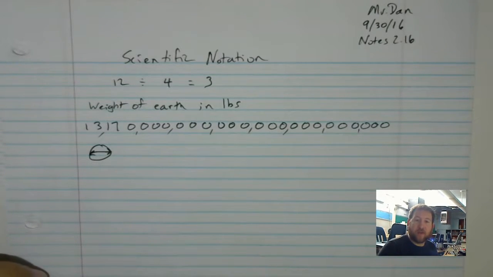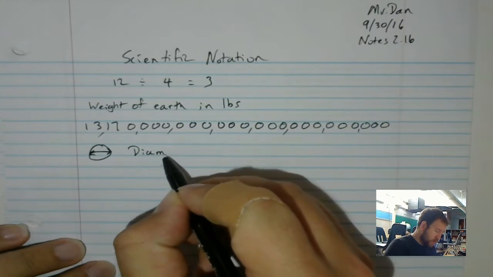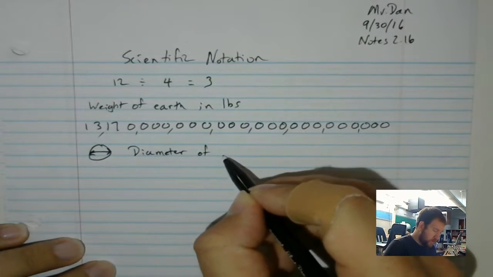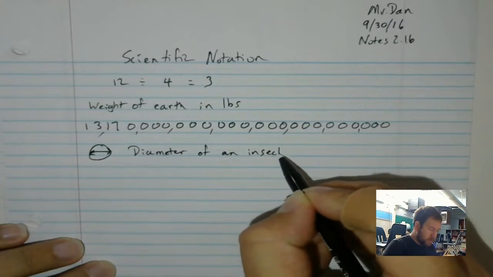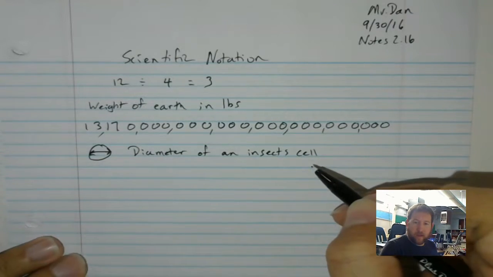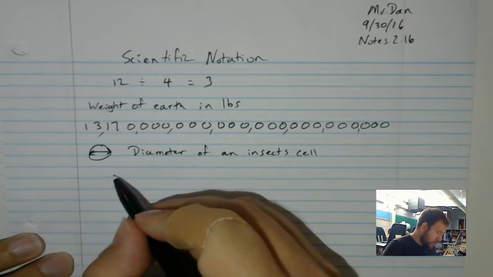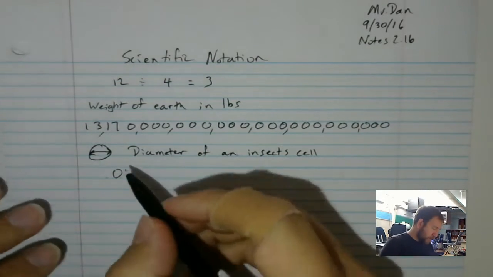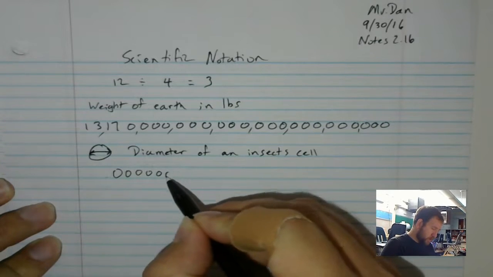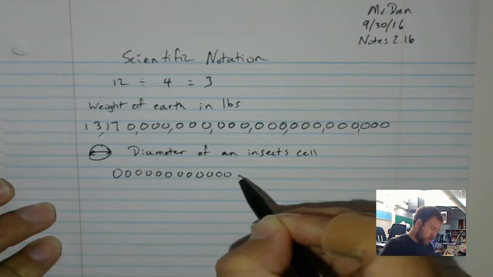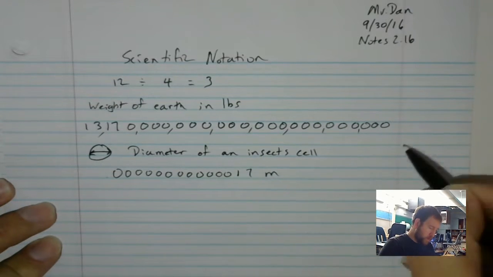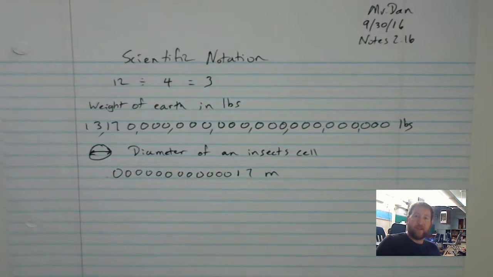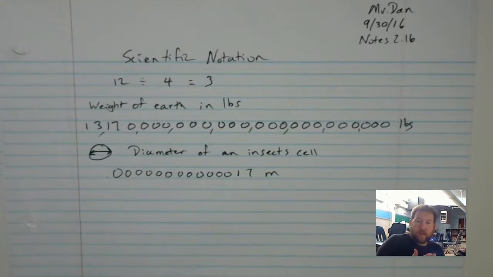The diameter of an insect's cell is about, sorry, let me count some zeros on here. Pretty small, right? So the idea of scientific notation goes like this.